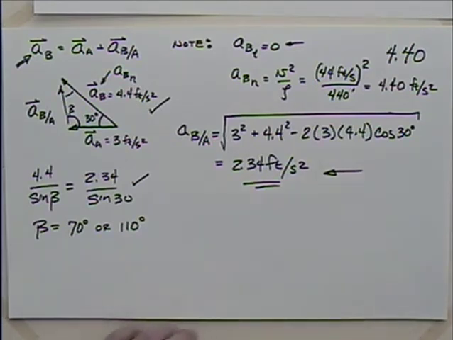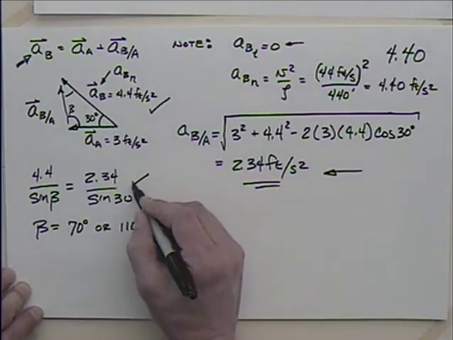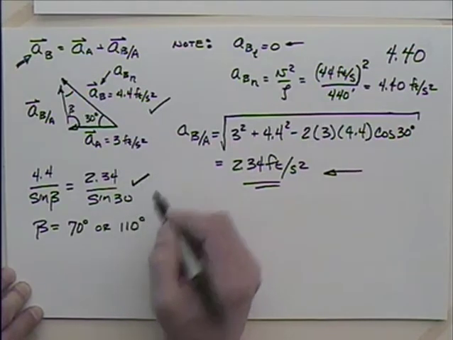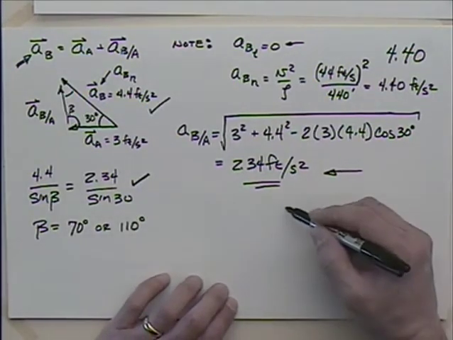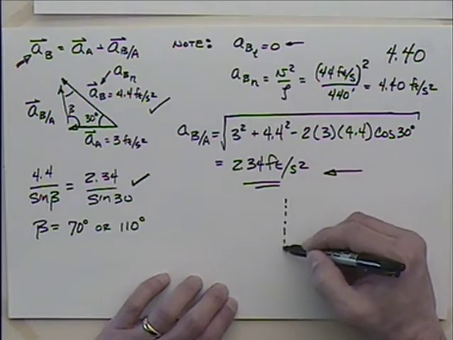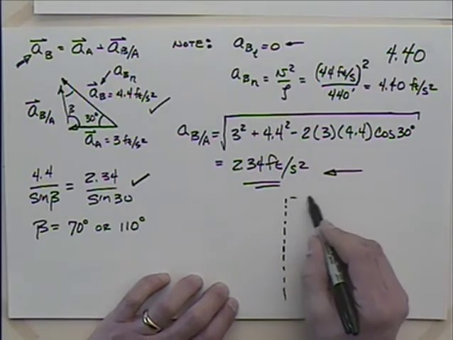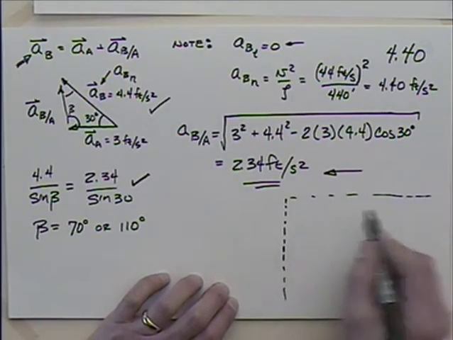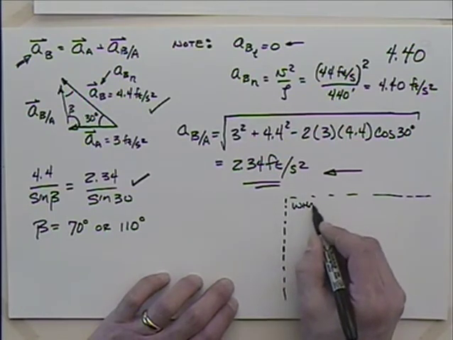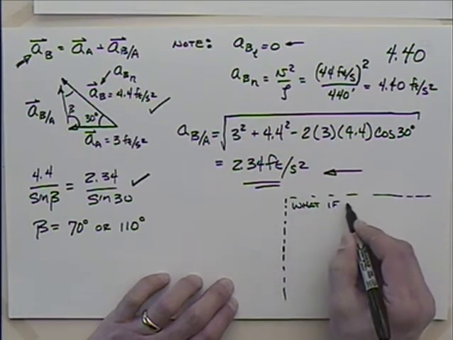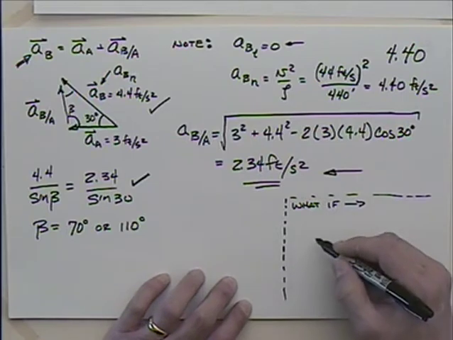So what I could do, I mean, this is a classic problem, and it's a great problem to get students to give the wrong answer, which hopefully is done for learning purposes. But let's go over here. I'm going to carefully segregate this off, and I'm going to say, what if? What if that happened to be a right angle?